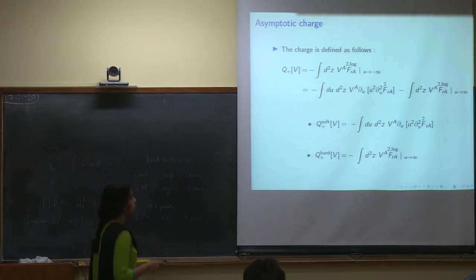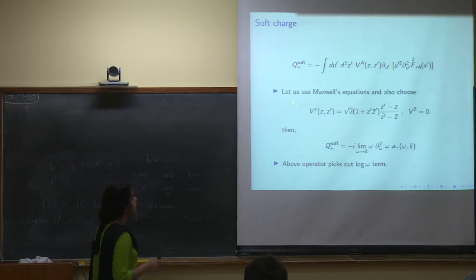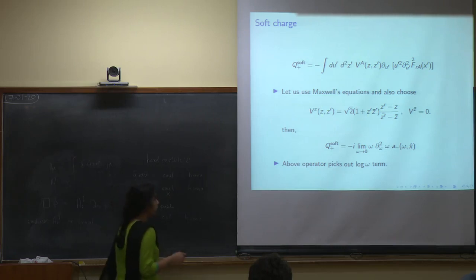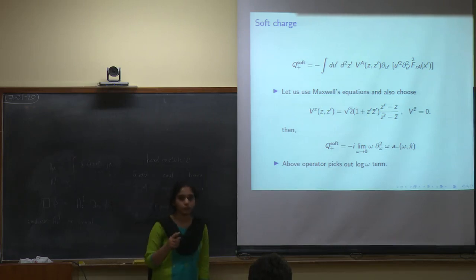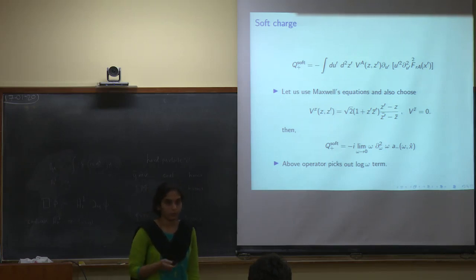Okay, so this is the soft charge, and we can use Maxwell's equation to simplify this term and relate it to free data. And we parameterize this V_z like this, where it depends on z prime and z, so that this z will then denote the angular dependence of the soft momentum, the soft photon.